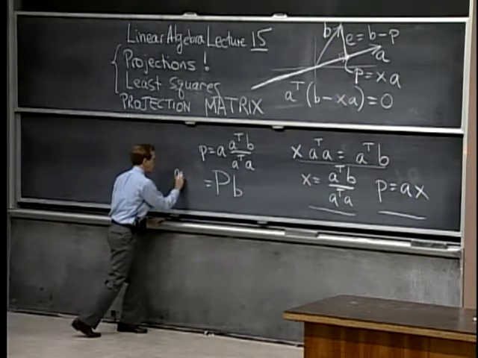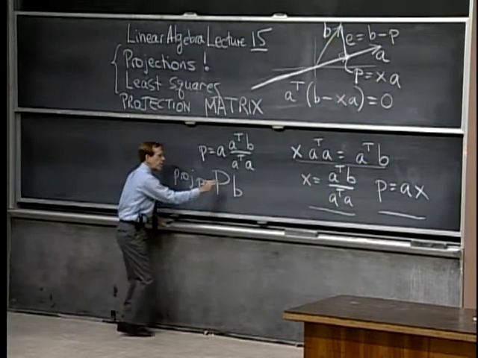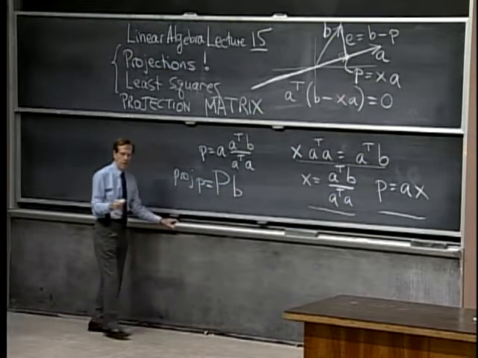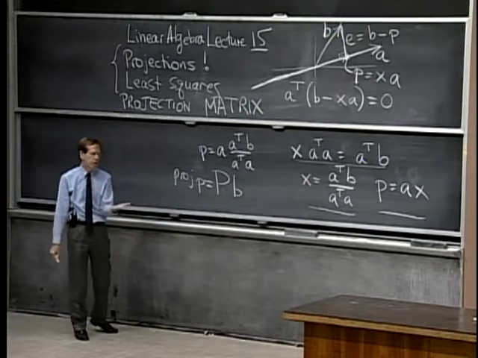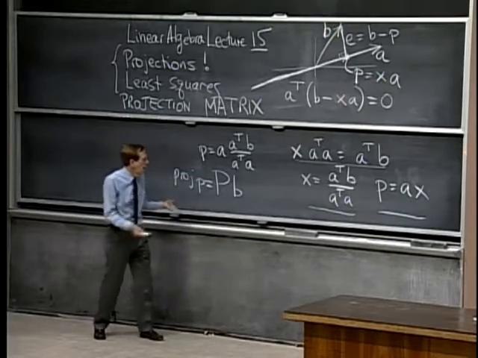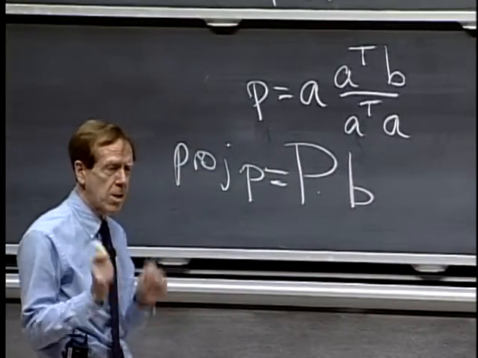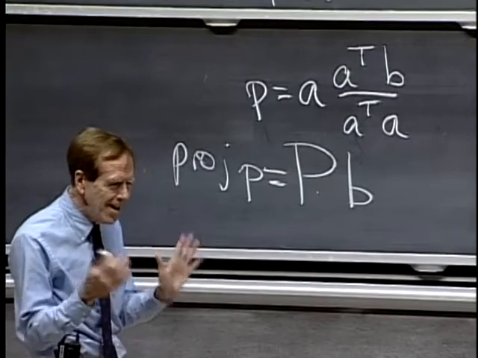The projection, P, is the projection matrix acting on whatever the input is. The input is B, the projection matrix is P. Okay, actually, you can tell me right away what this projection matrix is. So this is a pretty interesting matrix.